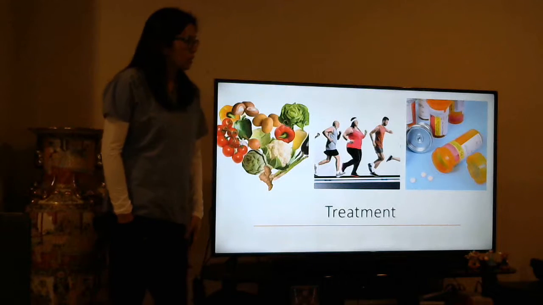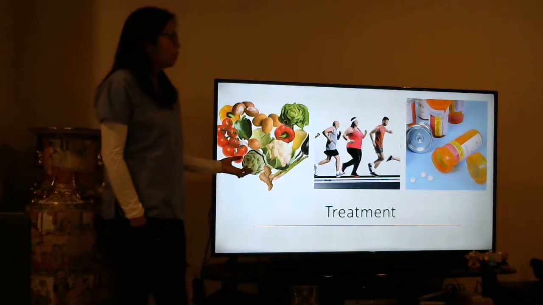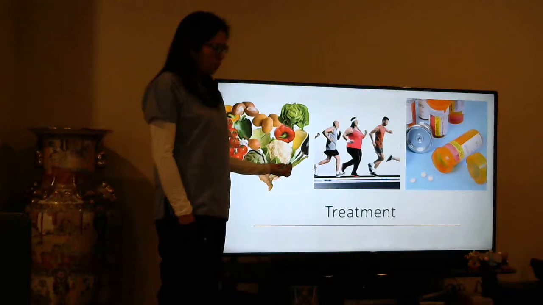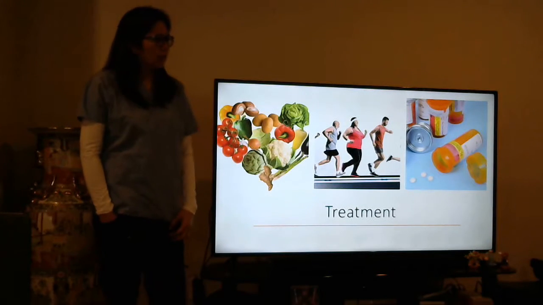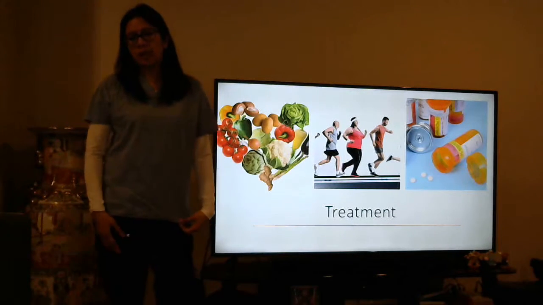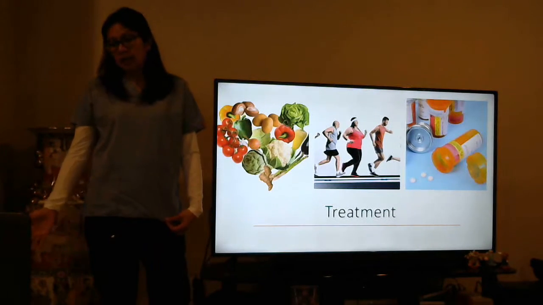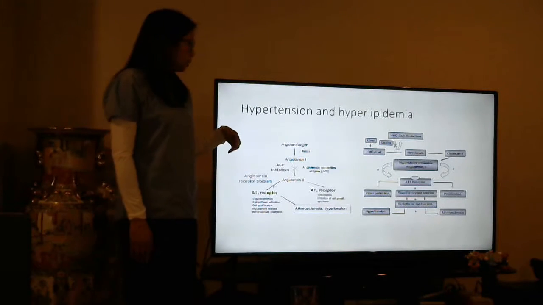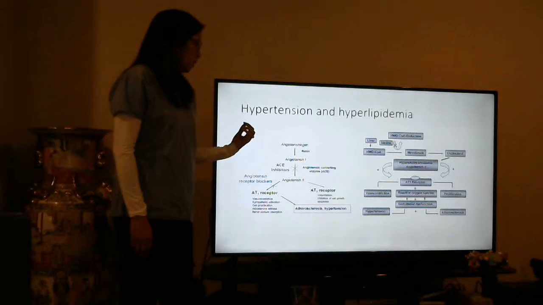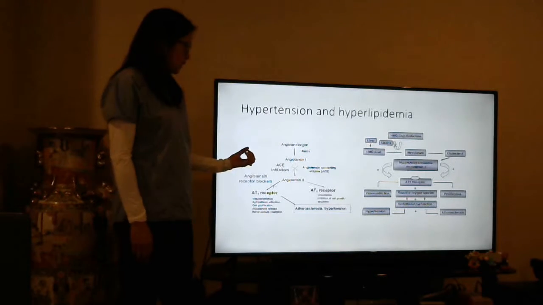There are different medications that the physicians can prescribe to help decrease our hypertension. The different medications they will prescribe are vasodilators. What kind of vasodilators do they prescribe? They will prescribe angiotensin converting enzyme inhibitors, our ACE inhibitors.